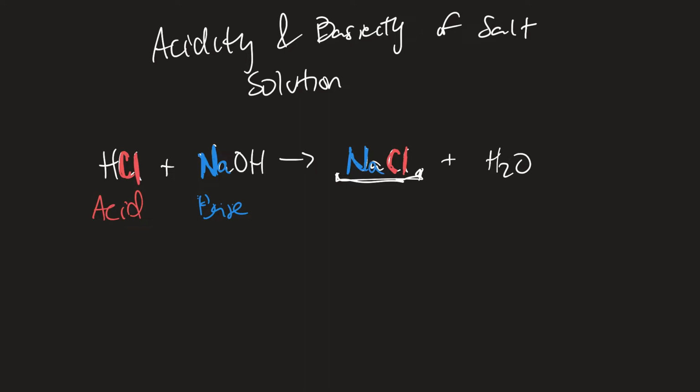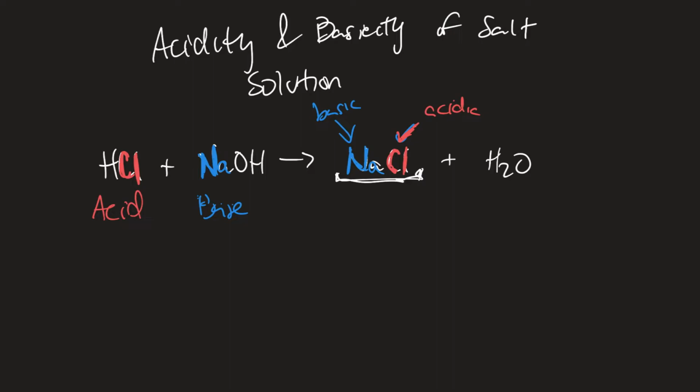So this is the basic portion of the salt, and this is the acidic portion of the salt that comes from the acid. These are the two components that your salt is always made up of.